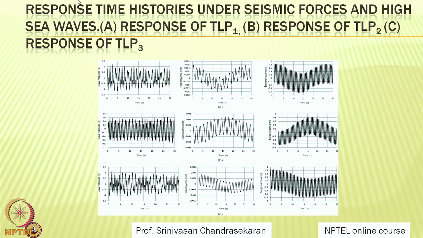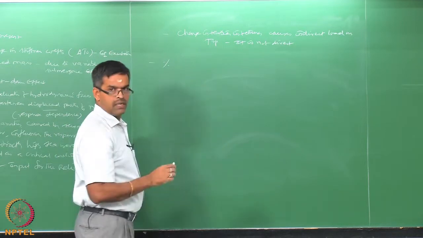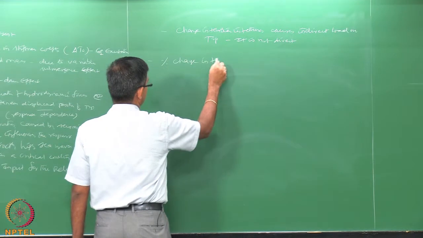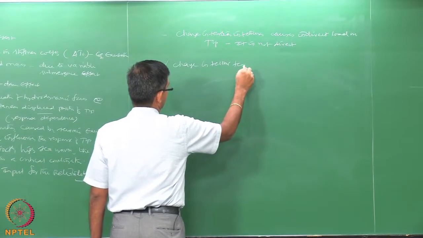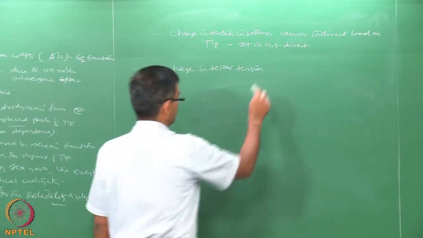So, looking at this variation, one can see the following: the percentage change in tether tension is computed as follows.